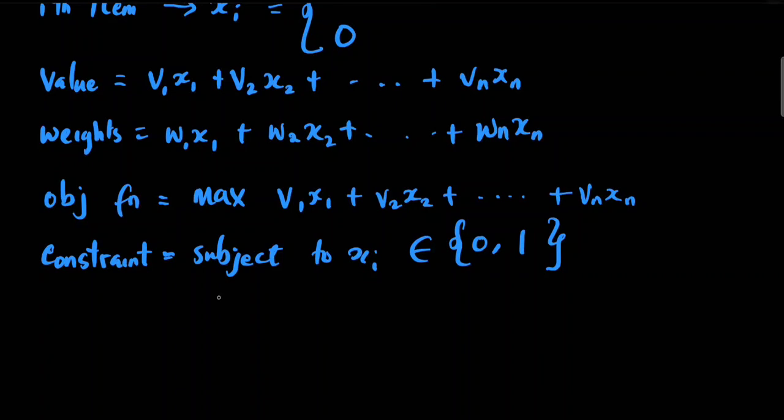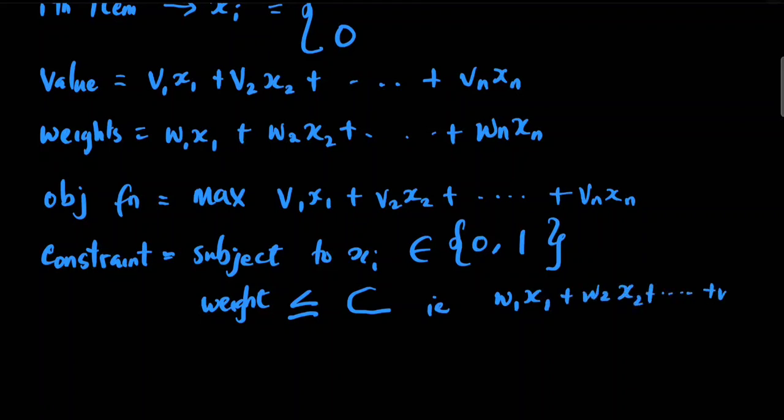And our weight constraint is always going to be less than or equal to C, which is w1x1 plus w2x2 all the way to wnxn. It has a limit, so that's a constraint too.